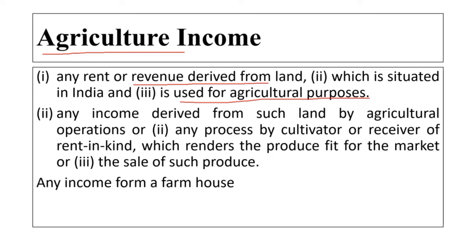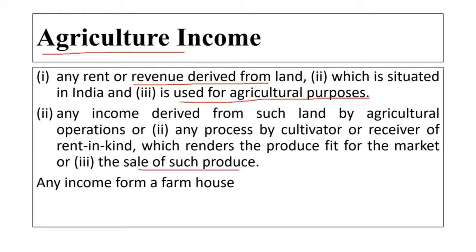Another condition is any income derived from such land by an agriculture operation or any process by a cultivator or a receiver of rent in kind, which renders the produce fit for the market or for the sale of such a product.